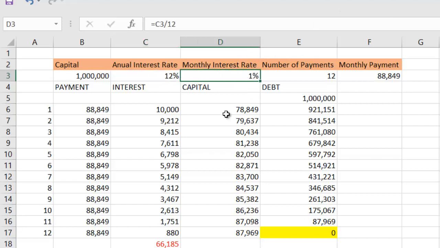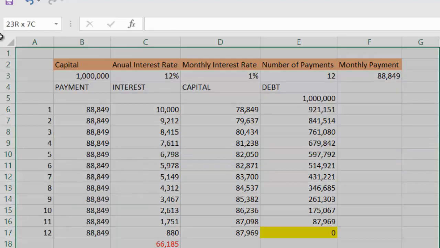And 1% is really, really low. Nowadays, credit cards are 2.3, 2.4, even 2.5% monthly. So good luck with this, and this will help you for our loan exercise.